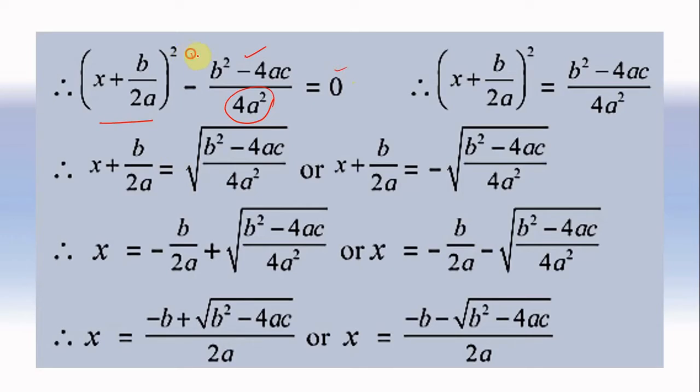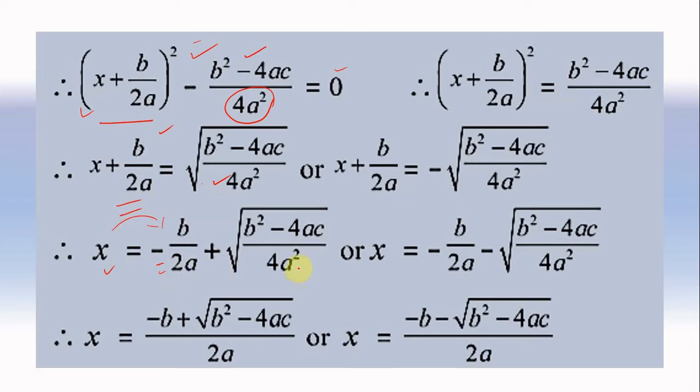Further, as this is a square over here, if we take the square root of this, naturally the square will be removed, and here you will get a square root symbol. Leave the right side as it is, and further we can simplify it by bringing b upon 2a to the right side, where it will become minus b upon 2a plus or minus the root of b square minus 4ac upon 4a square.